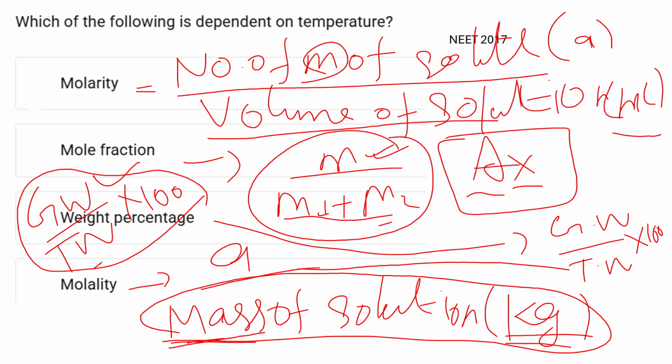So if I increase or decrease the temperature, mass, expressed in kilogram or gram, is not affected in general. You can take any physical example. The mass of a solution is not at all changed. Then if I change the temperature, moles do not change. If you heat 1 molar HCl, the moles won't change.